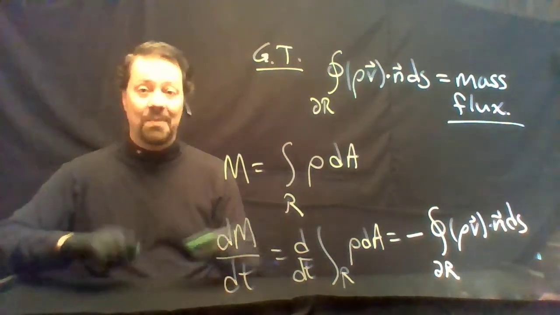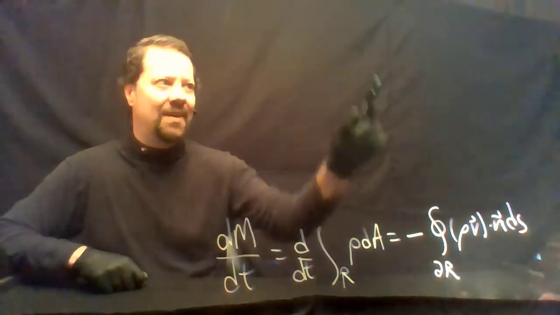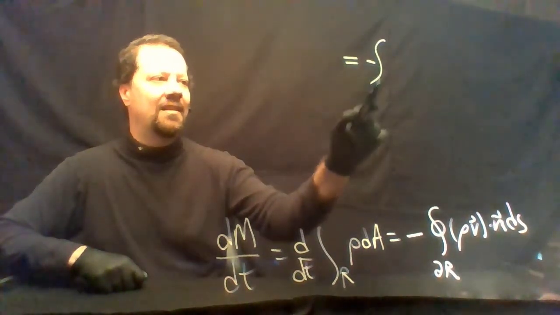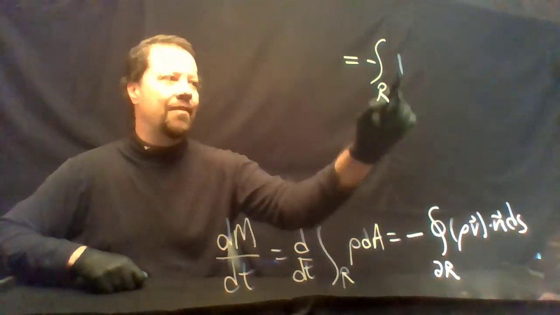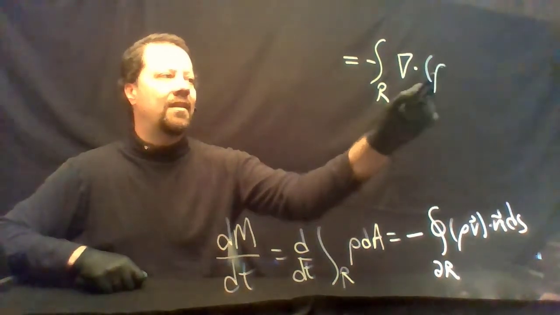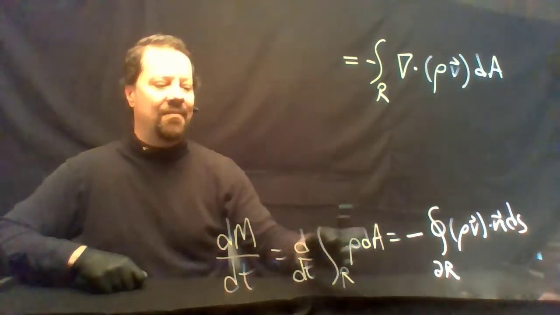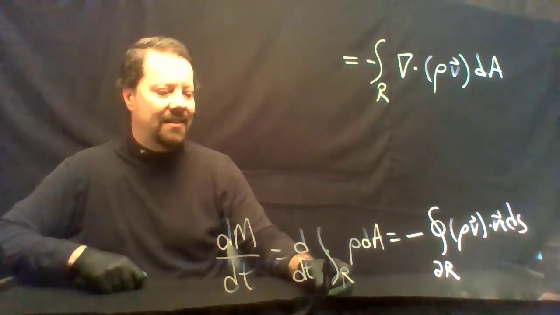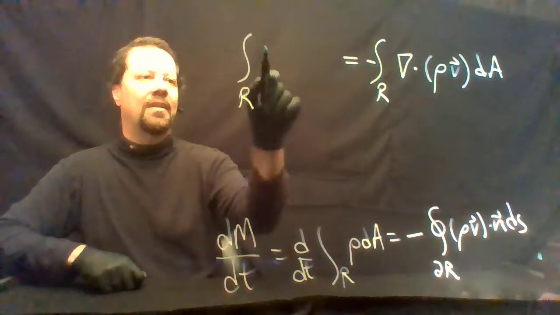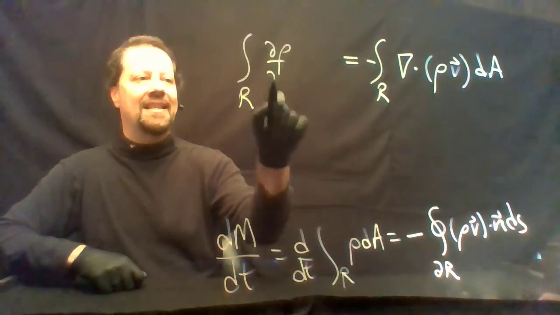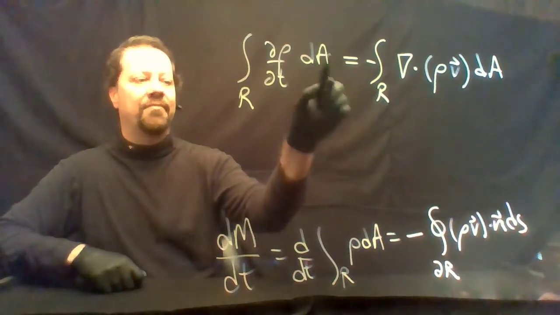Now, let's play with this equation a little bit more. We'll apply Green's theorem to the right-hand side. We get minus the integral over R of the divergence of the momentum density times dA. On the left-hand side, we'll bring the derivative into the integral and get the derivative of the density with respect to time, but this time it's a partial derivative.